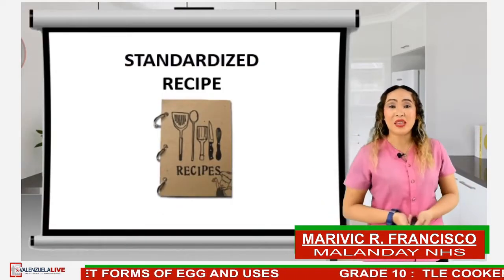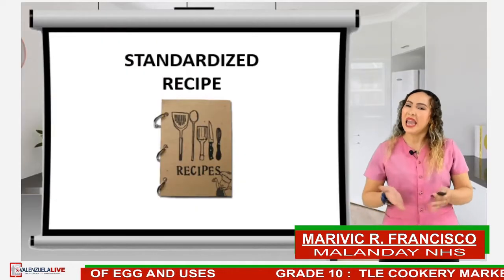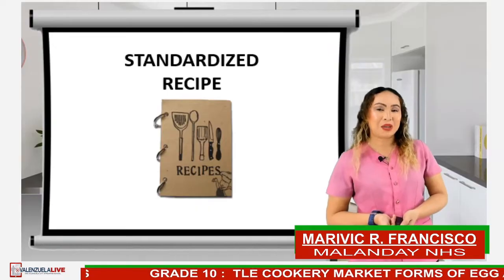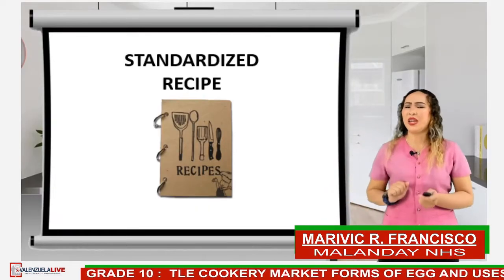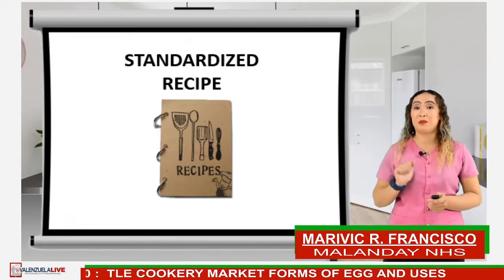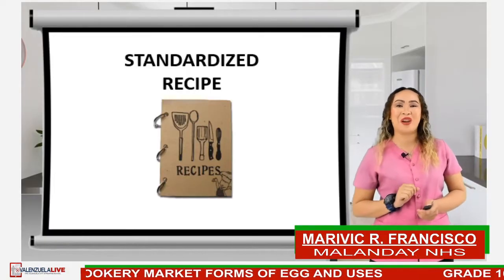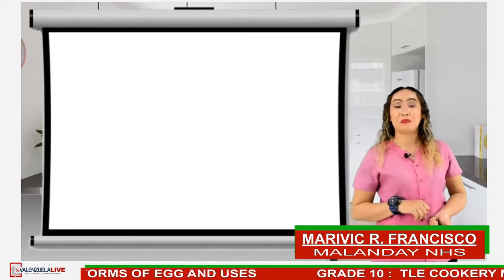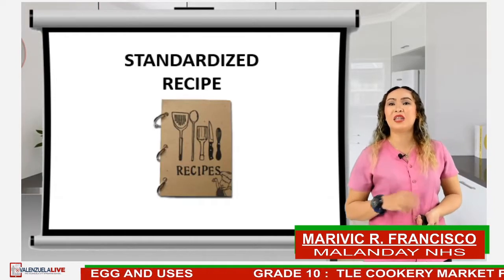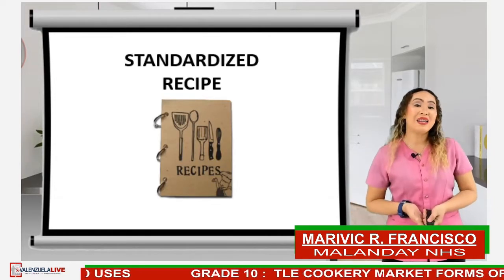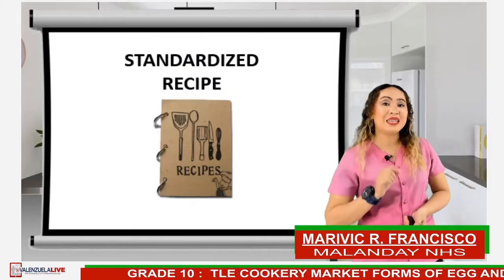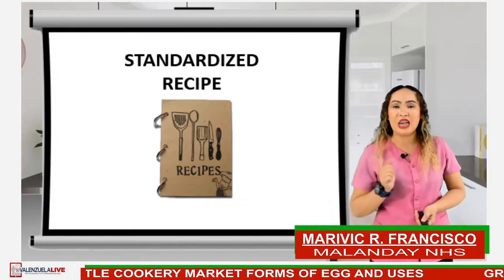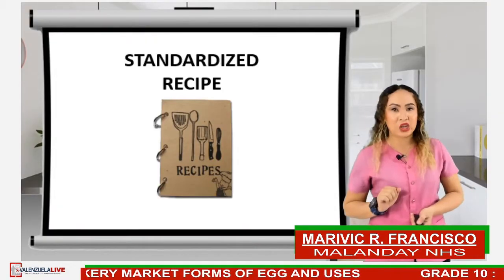Before we start with our lesson for today, let's have a review of what we had discussed last week. We had learned about standardized recipe and its different parts. Let us recall them. Standardized recipe is a set of written instructions used to consistently prepare a known quantity and quality of food for a specific location.